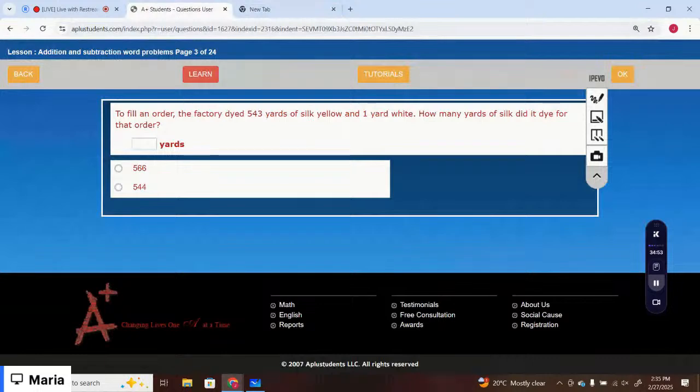To fill an order, the factory dyed 540 yards of silk yellow and 1 yard white. How many yards of silk did it dye for that order?